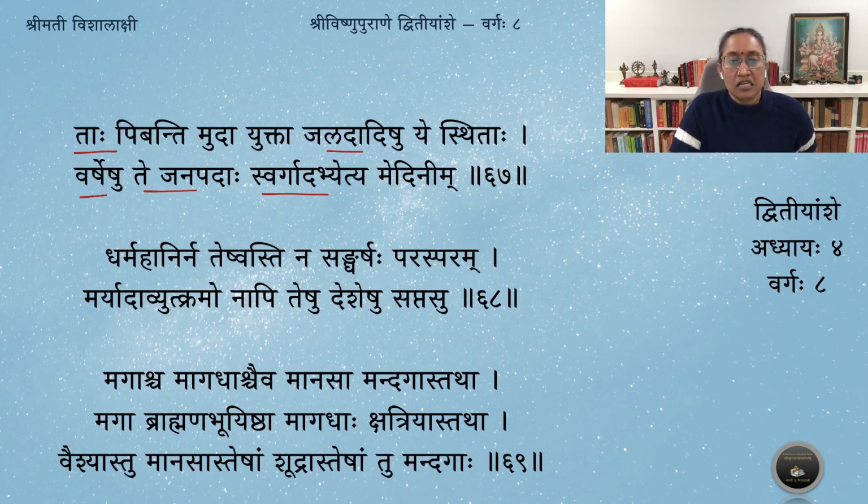Dharmahanihi na teshu asti na sangharshaha parasparam maryada vyutkramo napi teshu desheshu saptasu. In those 7 countries or 7 regions, varsheshu, dharmahanihi teshu na asti. Teshu janeshu janapadeshu dharmahanihi na vidyate.